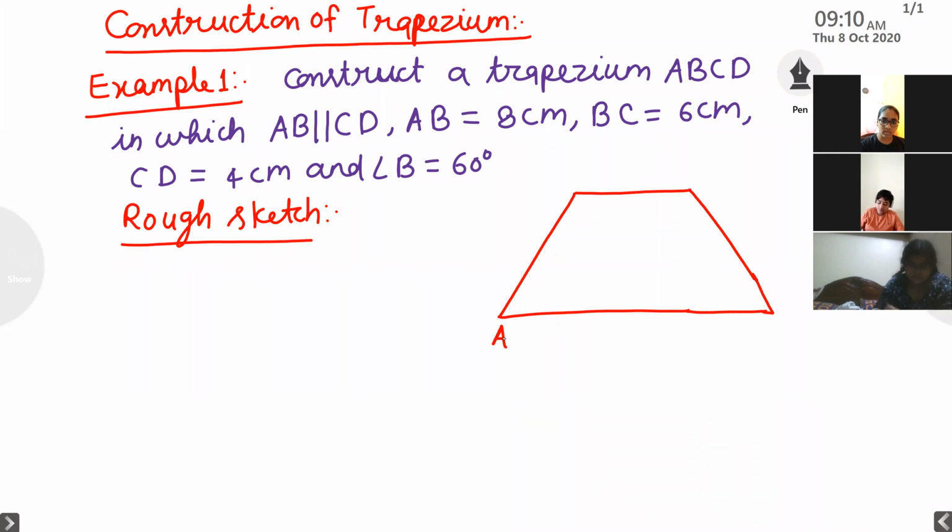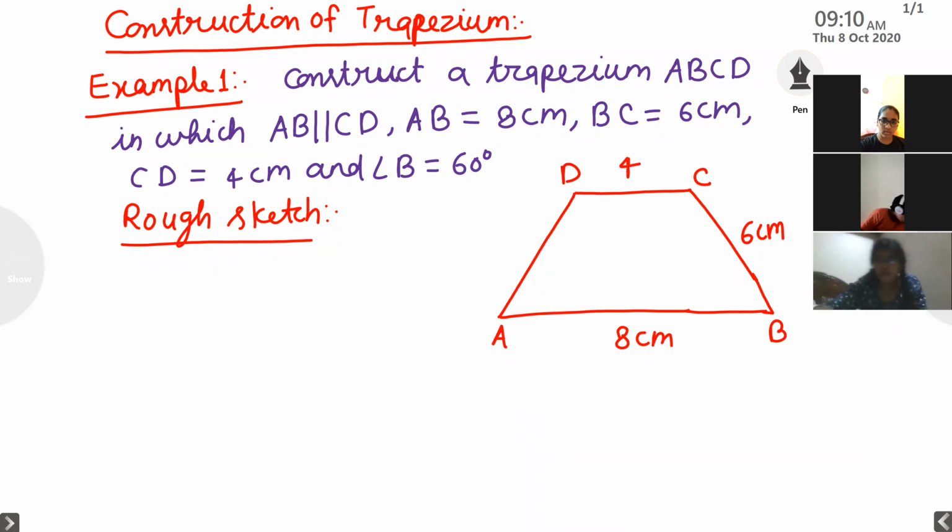A, B, C, D. AB is equal to 8 centimeter. AB length is 8 centimeter. Next, BC length is 6 centimeter. Next, CD length is 4 centimeter.